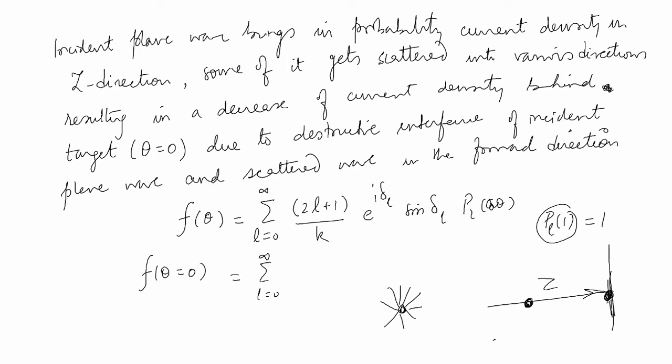And what is intensity? It is the amplitude square. That means amplitude in the forward direction has been reduced. Is it not? Are you convinced, or is there any question?